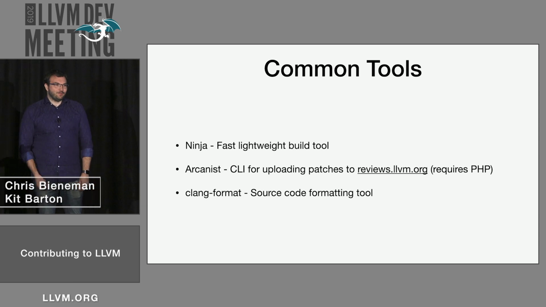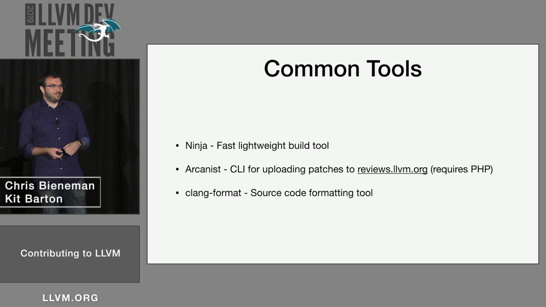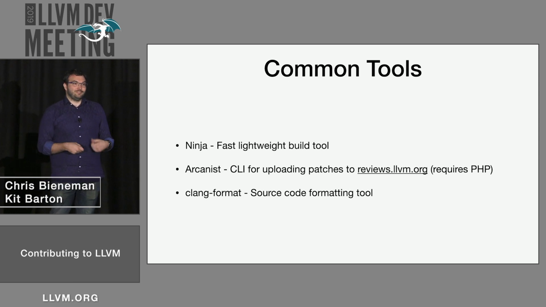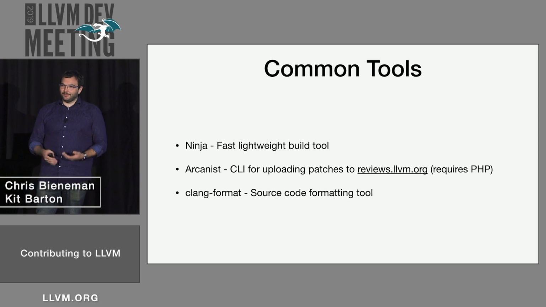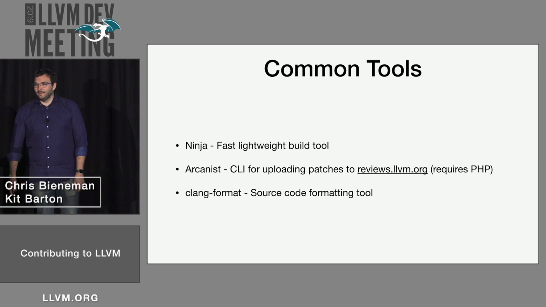And Clang format is a really important one too. We do have style guidelines for formatting source code in LLVM, and Clang format is a really great way to ensure that all of your patches already conform to the style guidelines, so that when people review your patches, they don't spend time focusing on style. They can focus on the substance of the patch.